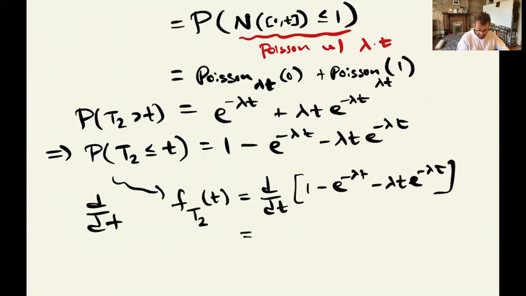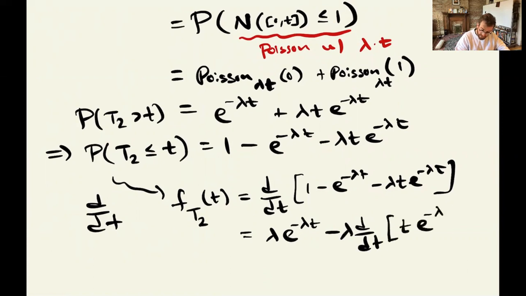All right, first thing's easy. The minus lambda comes down and we get our usual lambda times e to the minus lambda t. But now I need to do something else when differentiating this expression, which is t times e to the minus lambda t.